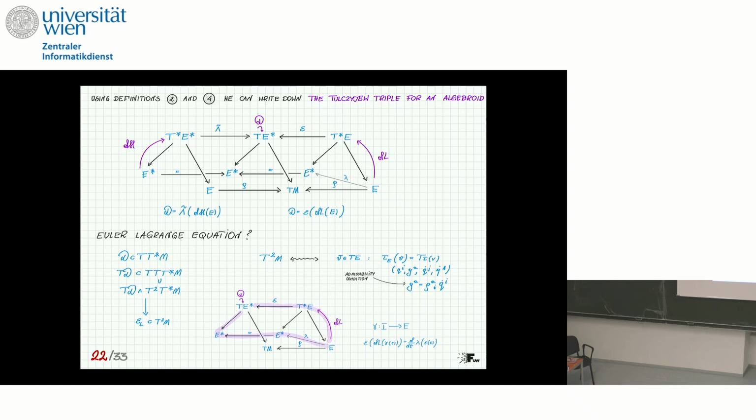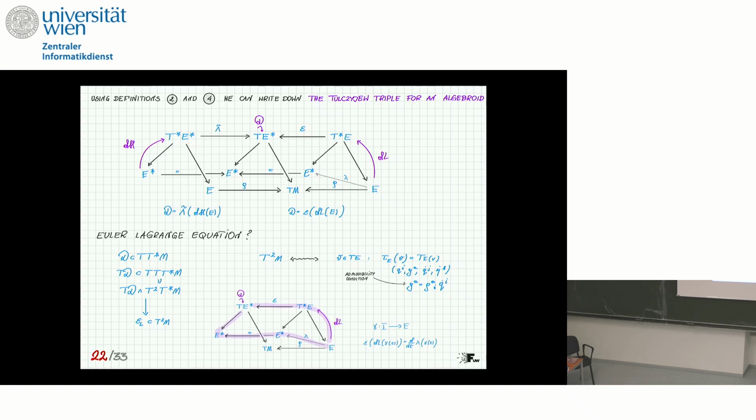You just prolong the dynamics, take the tangent of D, then intersect it with holonomic vectors, which means vectors that project to the same from the right and left, and they correspond to second-order derivatives. This lives on the phase space, and you project it down to T star M. And if you start from dynamics generated by a Lagrangian, this is exactly the Euler-Lagrange equation as a subset in second-order jets. Of course, also implicit.